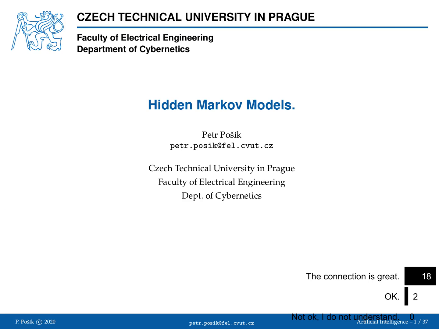Our topic today is Hidden Markov Models, which are basically a dynamic or spatial extension of Bayesian networks, or can be viewed like that. This lecture is quite long and contains quite a lot of material.